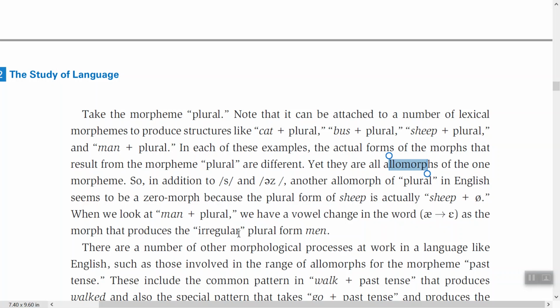When we have a set of realizations of a morpheme, these are allomorphs. There are four different realizations of the same morpheme, plural: s, es, zero, and irregular.